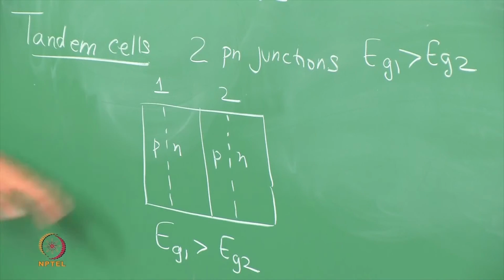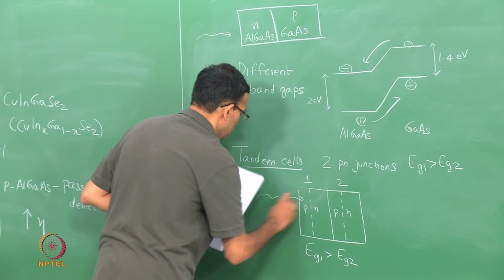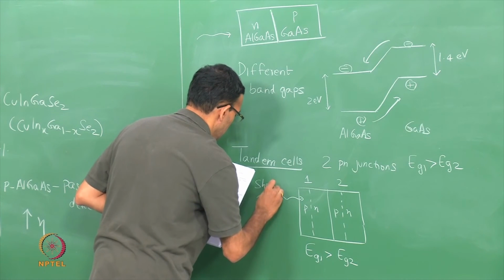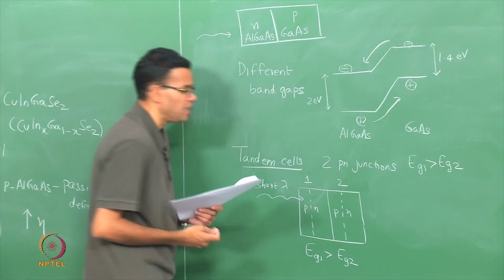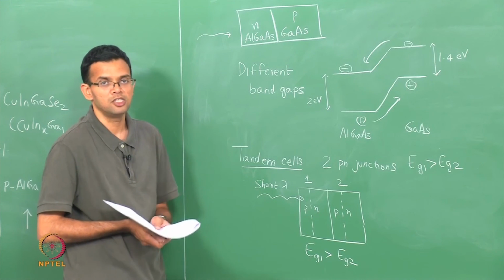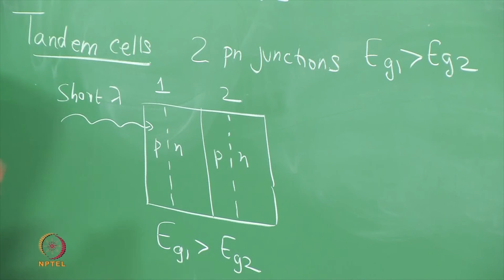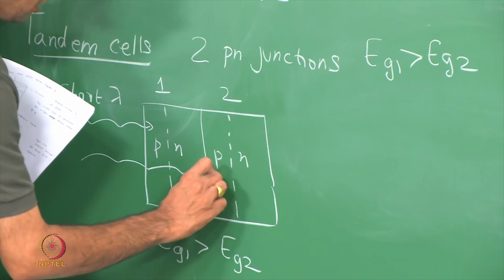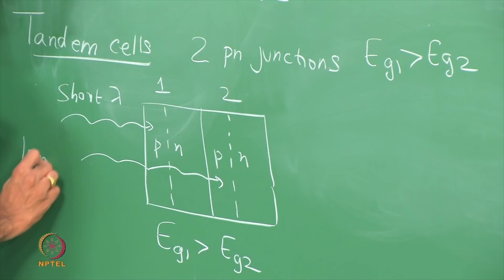The advantage of having this type of arrangement is that the shorter wavelengths will get absorbed by the first material, because it has a lower absorption distance or a lower penetration distance, while the longer wavelength will get absorbed by material 2.